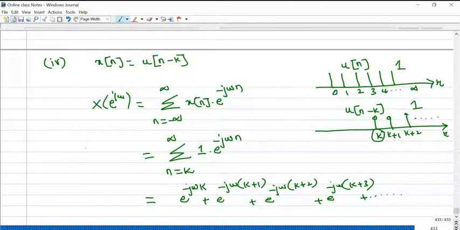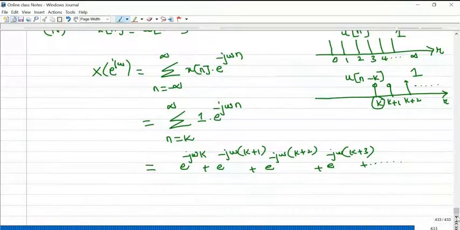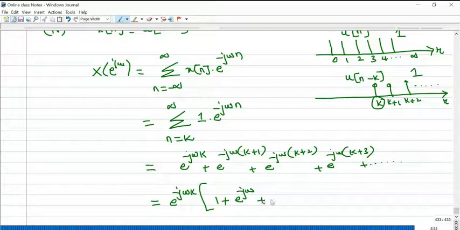Okay. Now from this equation, take e power minus j omega k outside. So we'll get 1 plus e power minus j omega plus e power minus 2j omega plus e power minus 3j omega and so on.